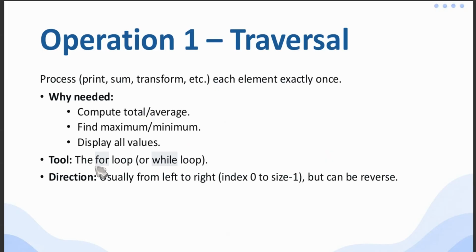The tool we use for this is a for loop. We iterate from index 0 to index size - 1. Usually we traverse left to right, but you can also traverse from right to left in an array. Think of a teacher calling attendance.